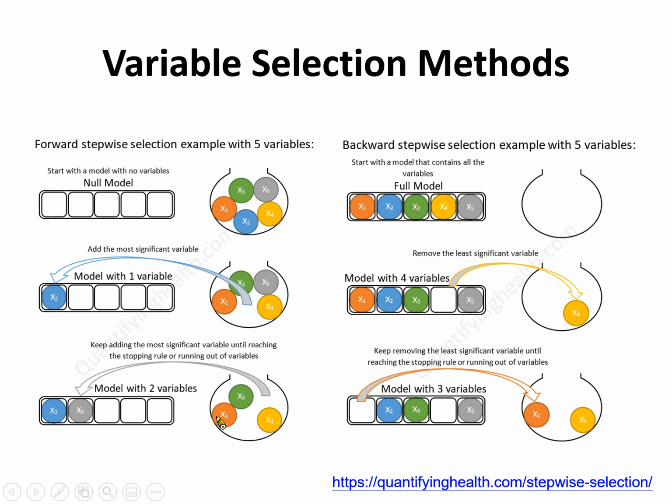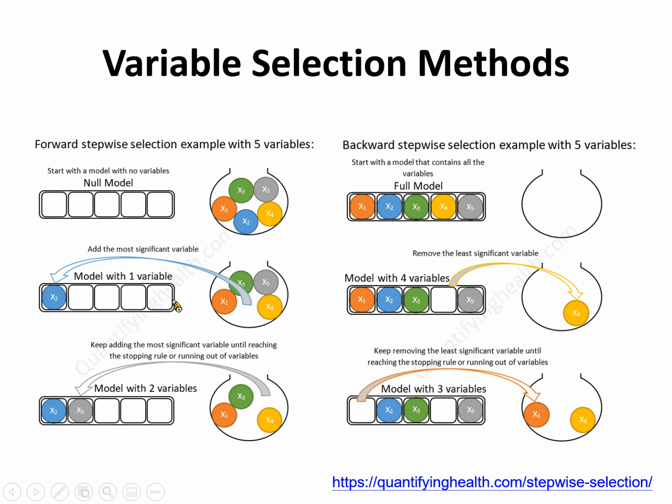So for example, in forward stepwise selection, in the beginning we start with a model with no variables. Then we find the most significant one, for example in our data it is the parahippocampus, and we put it into our model.